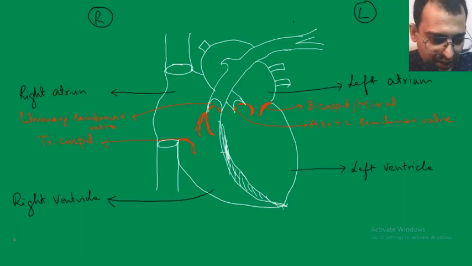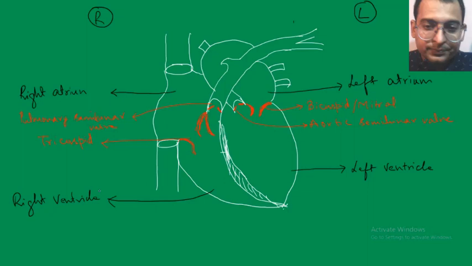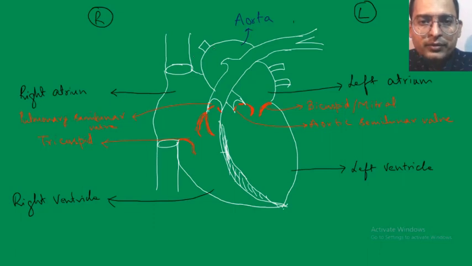Next we will name the different vessels. We'll start from the top here, which is the aorta. This is the largest artery in the human body.